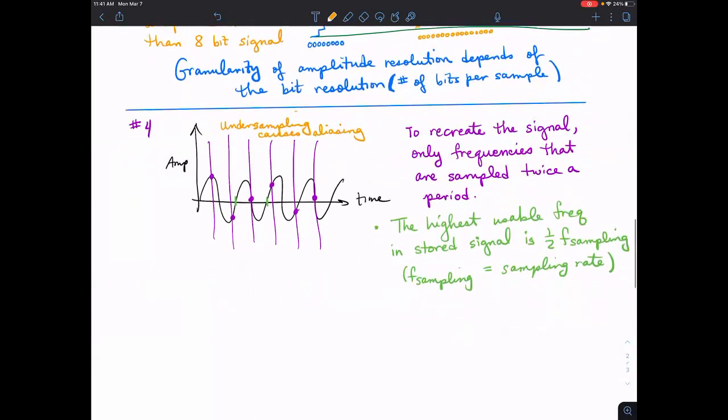Okay, so number 4 says, what will increase if a higher sampling rate is chosen?